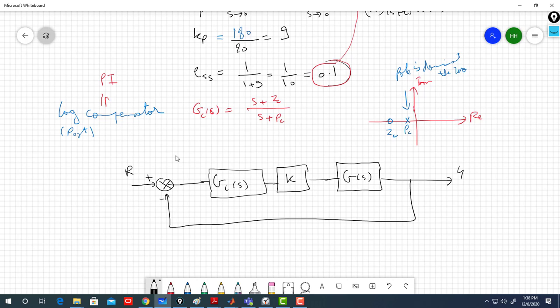K is the value that you have, 180, and GC is this one.